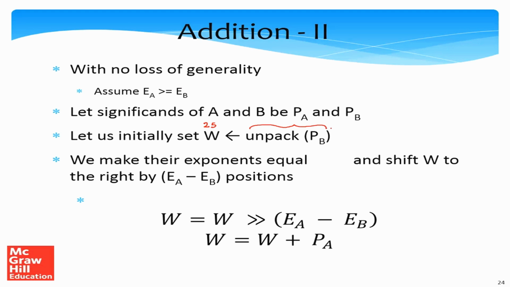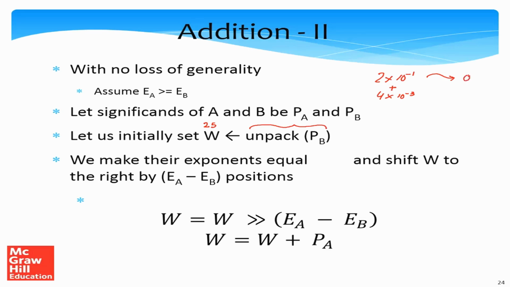But before that, let me motivate you by saying how we would do it in the case of decimal. So let's assume I want to add 2 times 10 to the power minus 1 plus 4 times 10 raised to the power minus 3. So I would first in a sense unpack it.